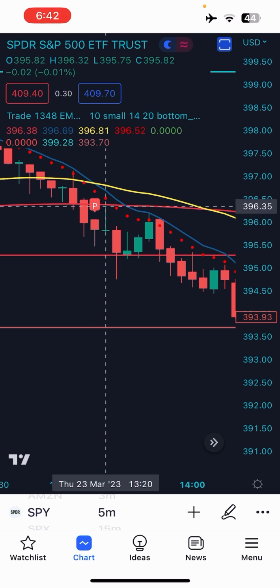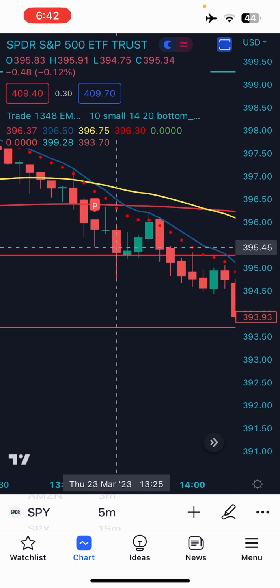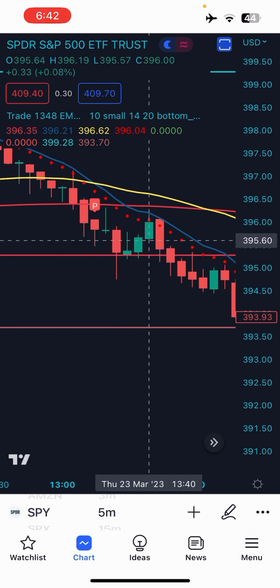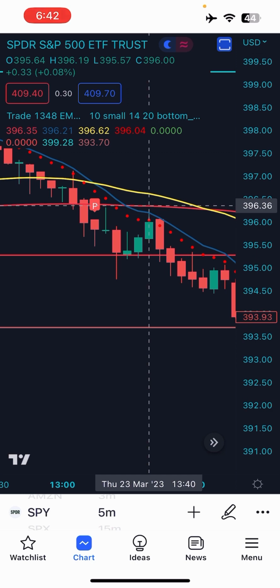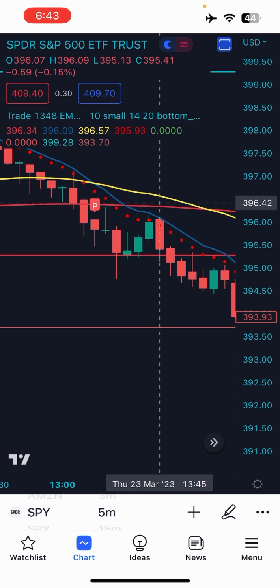So you have the retest right here. It went a little under it. It went back up. It didn't touch the 200 EMA line, and that is when you entered the trade. Why? Because it didn't touch the 200 EMA, so it didn't bounce again.